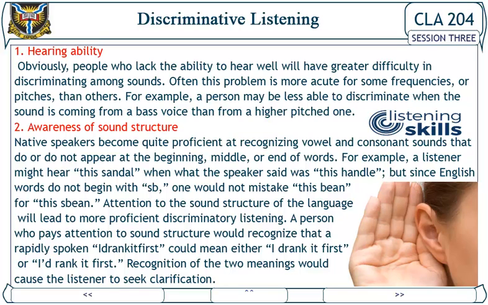But since English words do not begin with that sound, one would not mistake one for the other. Attention to the sound structure of the language will lead to more proficient discriminatory listening.